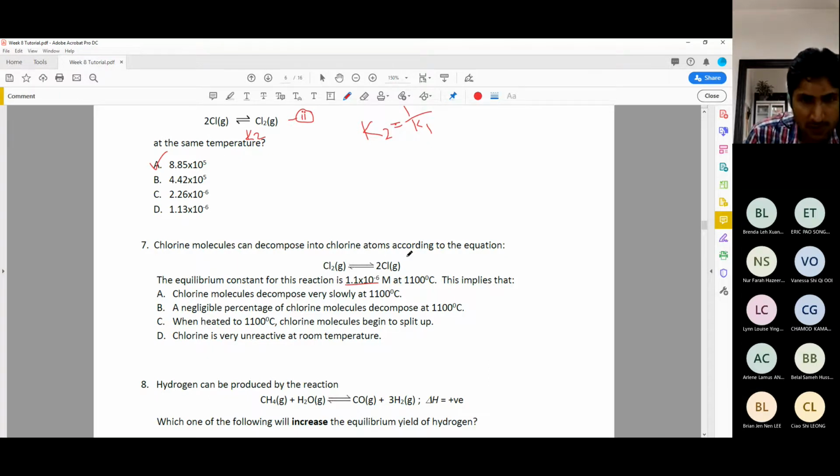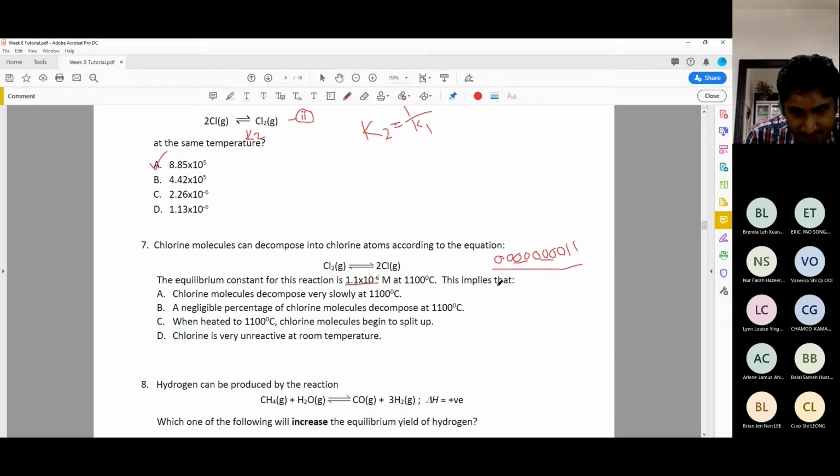Can you imagine how small this figure is? How many zeros? 3, 3, 6, 7 zeros in front of 1.